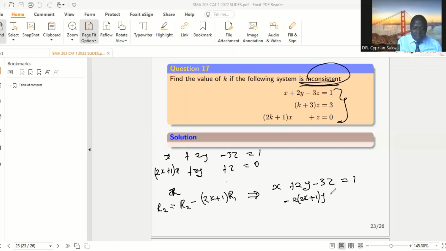Then again, I have 1z, and this one times 2k plus 1 is a minus, that's why I'm putting plus, because I'm supposed to subtract. So this will be 6k. Oh, I had already put a 3. Let me just remove it, to make our work easier and faster: 6k plus 3.